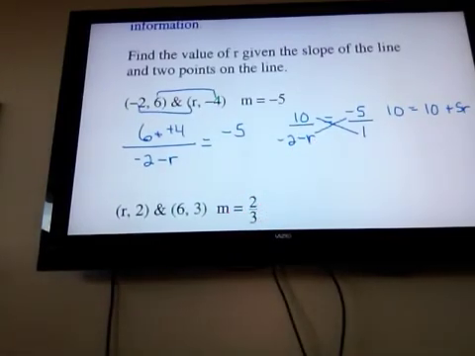And then I solve that equation. So subtract your 10: 0 equals 5r, divide by 5, and r is 0. Some questions on that solving there.